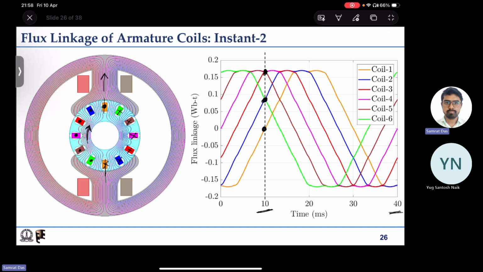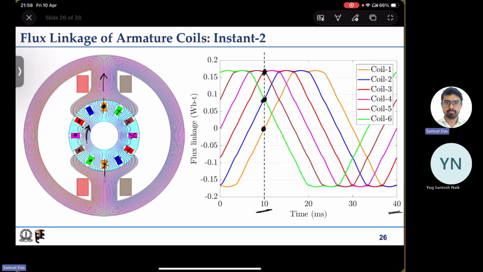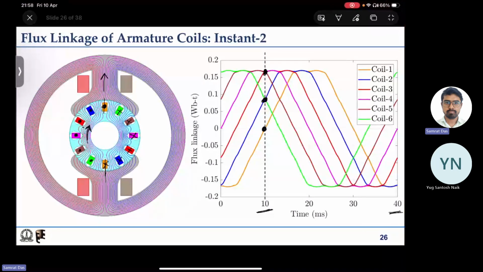Again, if you go to blue, blue also has positive flux linkage. Then red and brown, they also have almost the peak positive flux linkage.